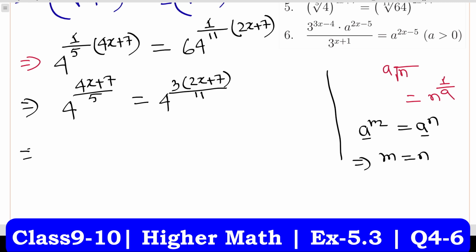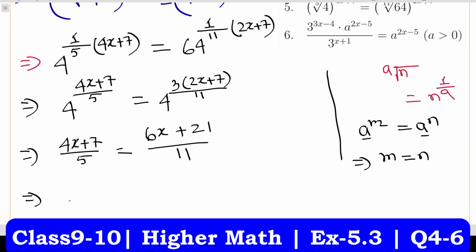So we can write 4x plus 7 by 5 equals 3 times 2, it means 6x plus 3 times 7 is 21, divided by 11. So these two fractions we can cross multiply, like 11 times 4x plus 7 equals 5 times 6x plus 21.